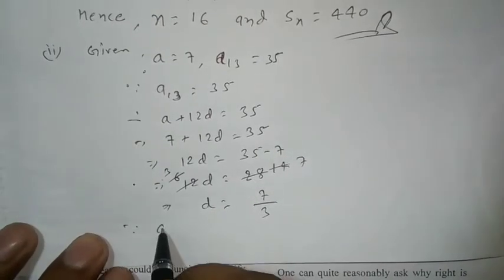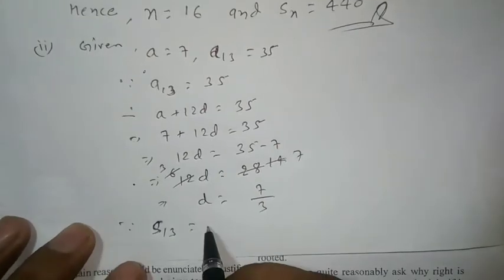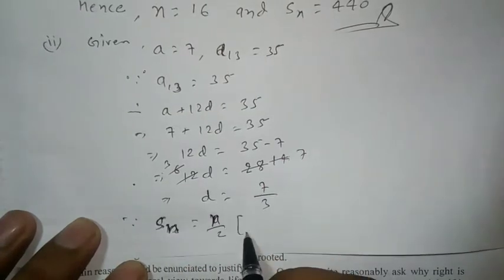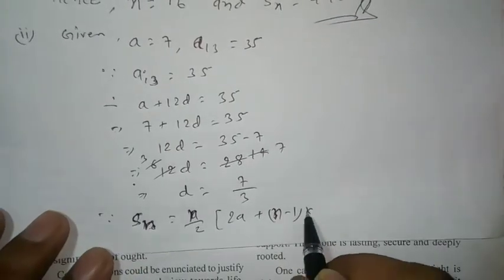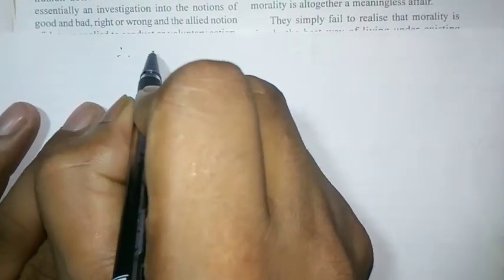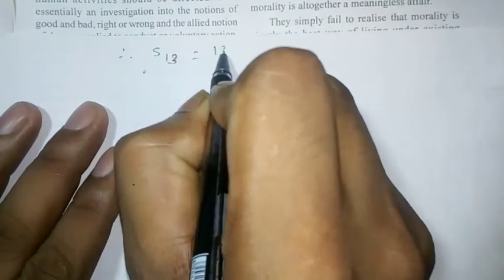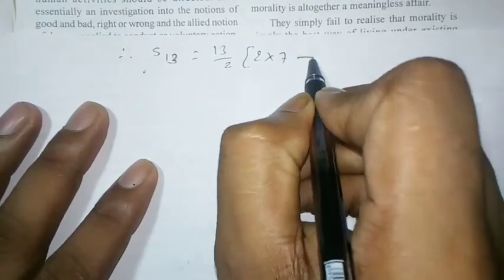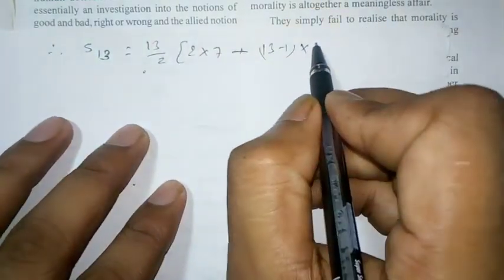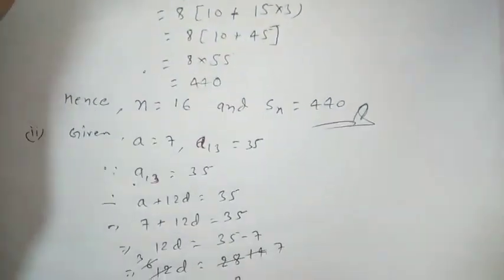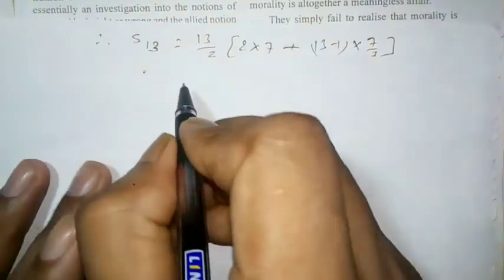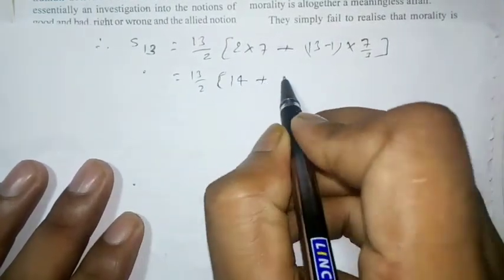Now because Sn is equal to n by 2 into 2a plus (n minus 1) into d, therefore S13 is equal to 13 by 2 into [2 into 7 plus (13 minus 1) into 7 by 3], which is 13 by 2 into [14 plus 12 into 7 by 3].